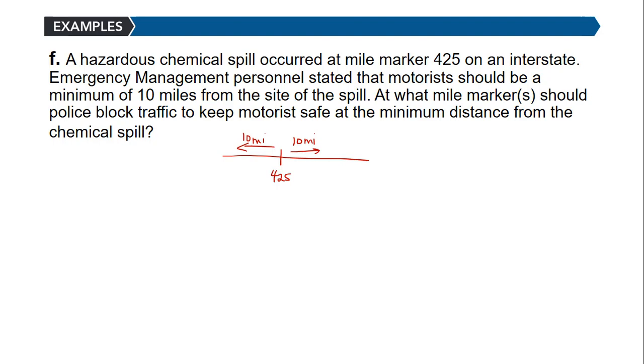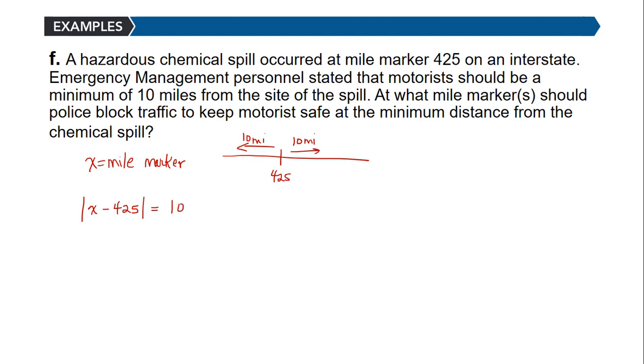Adding and subtracting 10 from the 425, but algebraically this is saying if x is the mile marker, it must be true that the distance between the mile marker and 425 is 10 miles. So we represent the distance between two numbers with the absolute value. So the absolute value of x minus 425 is equal to 10.